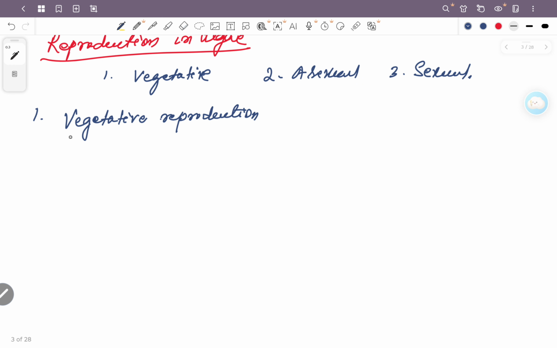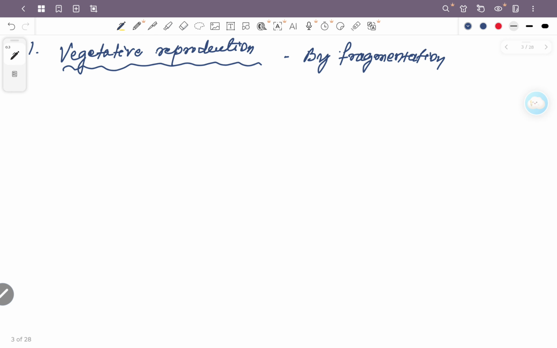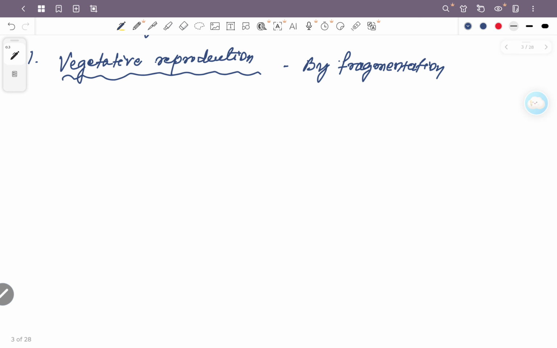Okay. So this vegetative reproduction occurs by fragmentation. You all have studied about fragmentation in class 10. Still, let me explain a little bit. So what is fragmentation?